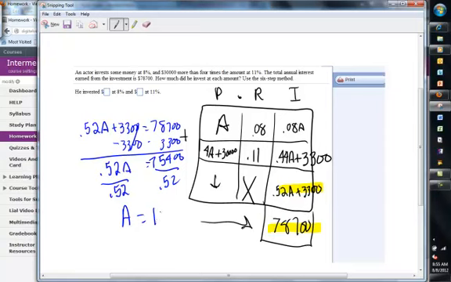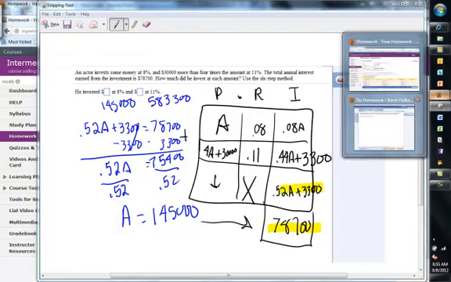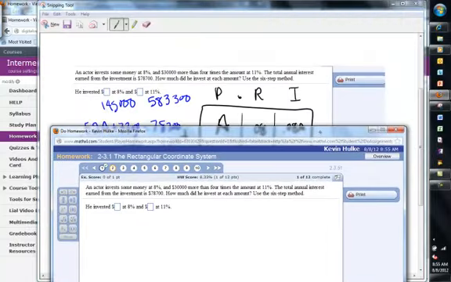A is $145,000. And then we multiply that by 4. And then add 3,300. And we get $583,300. So let's enter that.